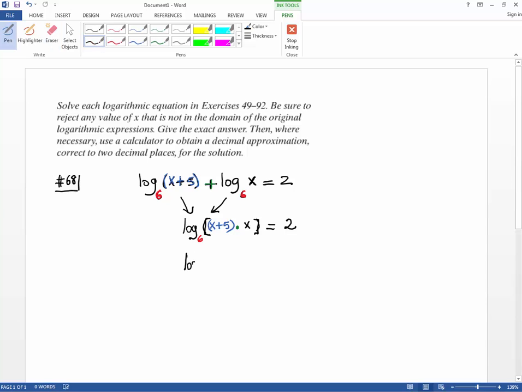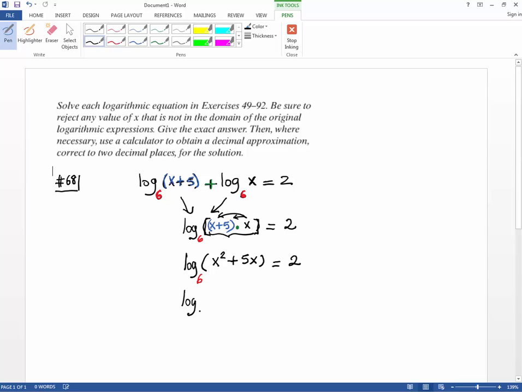So we have log base 6 of this quantity inside, and you can clean it up by distributing the x over here. So x times x is x squared, x times 5 is 5x. So it's really log base 6 of the quantity x squared plus 5x, and that's equal to 2.